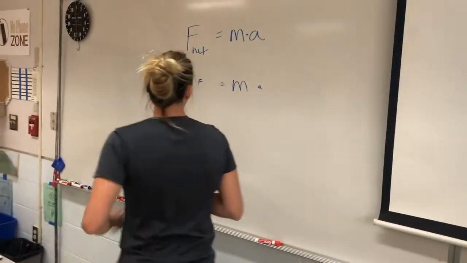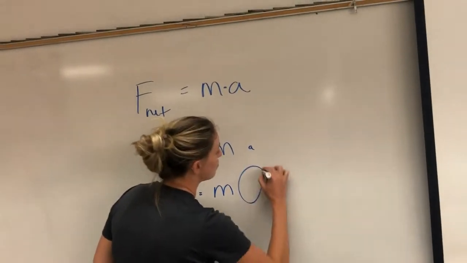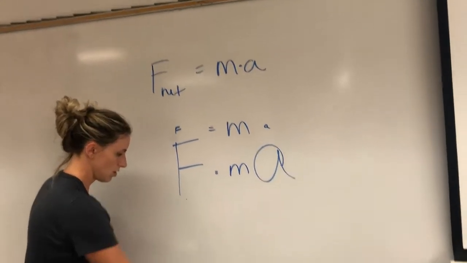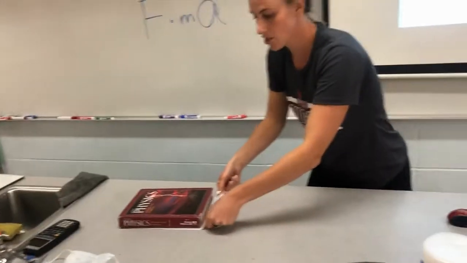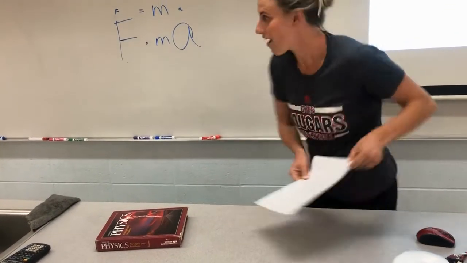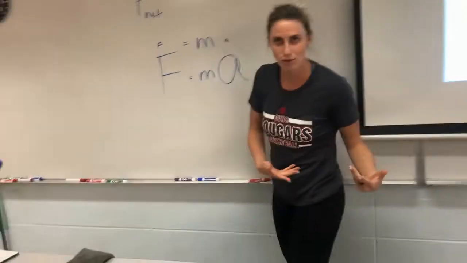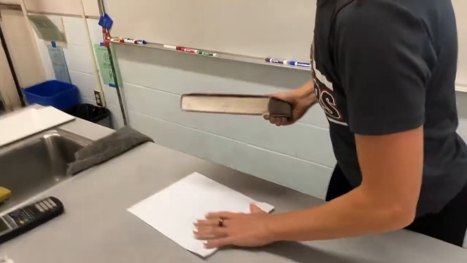However, if my mass is the same and I have a really big acceleration, it takes a really, really big force to make it move. Here my acceleration is really big. Boom! And the force of friction is not big enough to make it move with it. Let me do that one more time.